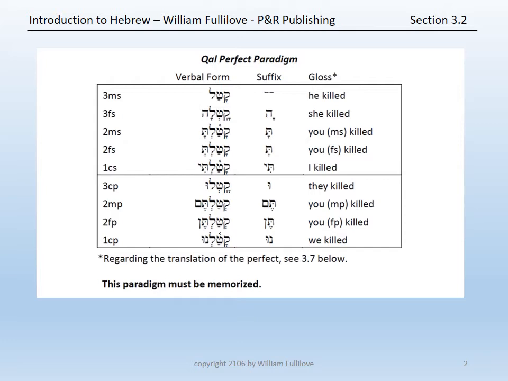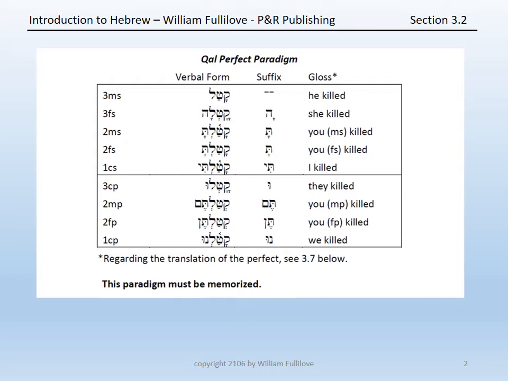What that means is a mixed group of men and women will receive the masculine plural form. In fact, the presence of one single man in the group would cause the form of the verb that was used to be the second masculine plural form. Then again, in the first person form, you have a common plural. If you say we, you only have a single form.